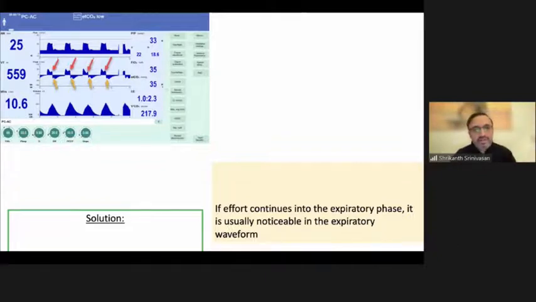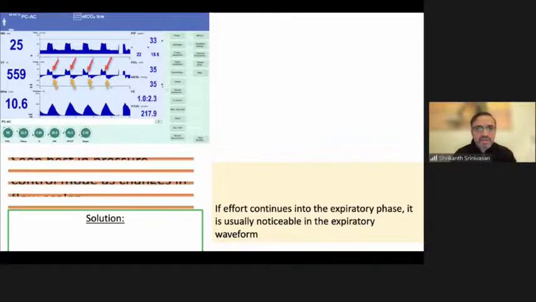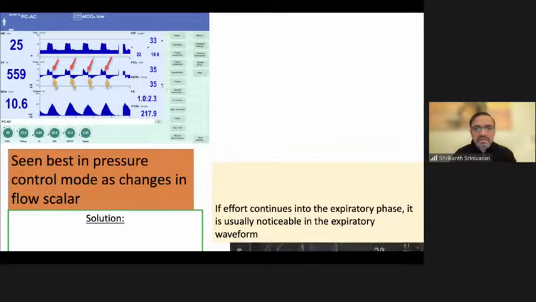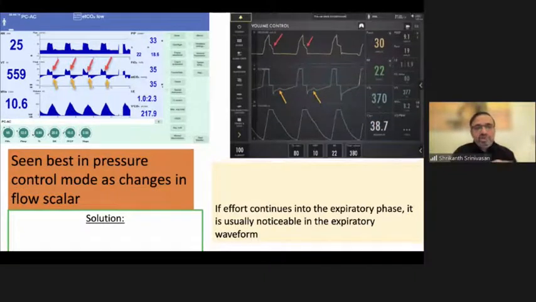Suddenly there's a spike. So this says that some kind of second breath has come into the picture, and this second breath has not been triggered by the patient. It's been triggered purely by the ventilator. So a flow scalar will show you the reverse triggering in a pressure control mode.